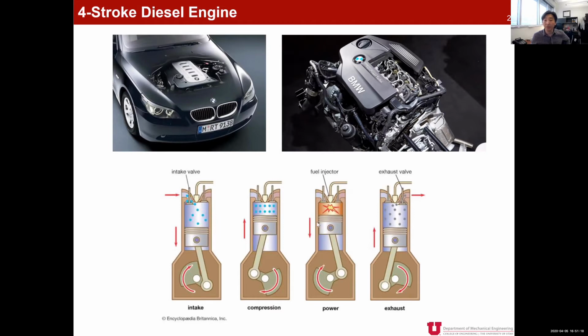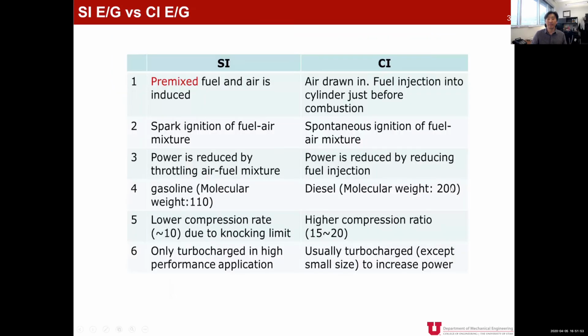At the end of the compression, we have a fuel injector in the engine. We don't have a spark plug for the diesel engine, but instead we have a fuel injector. Through the fuel injector, fuel is sprayed into highly pressurized air, and that is well mixed and induces a self-ignition process. Then we have the exhaust stroke at the end.